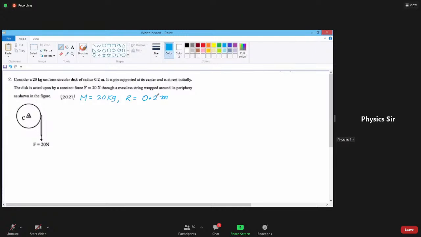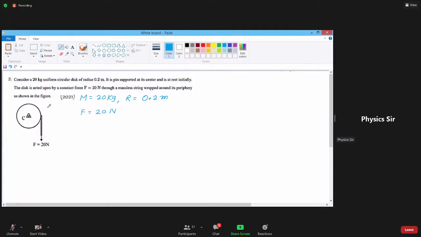It is pin supported at its center and is initially at rest. The disc is acted upon by a constant force of 20 Newton through a massless string wrapped around its periphery, as shown in the figure.